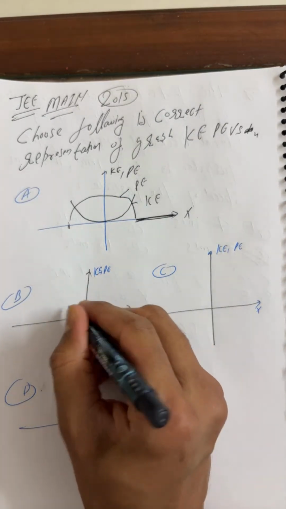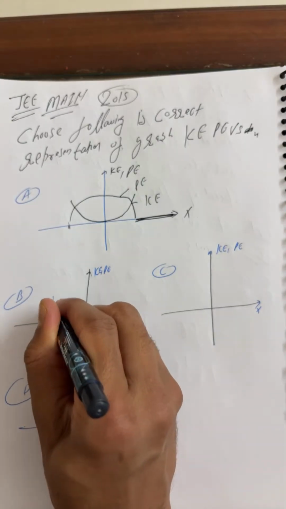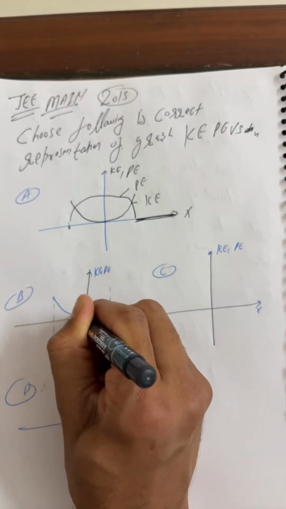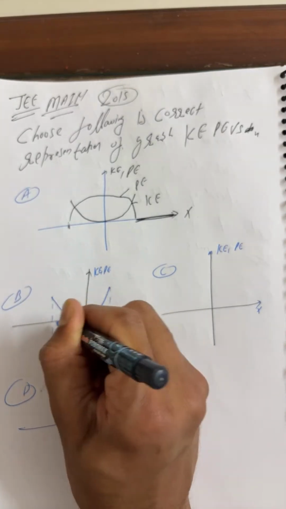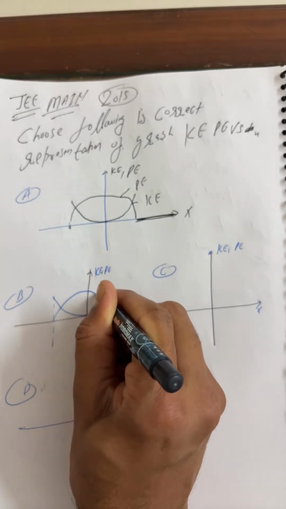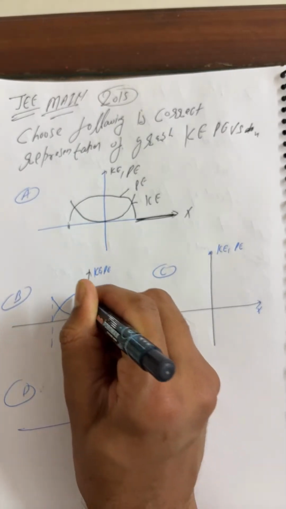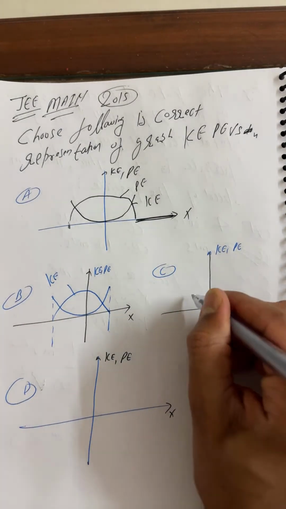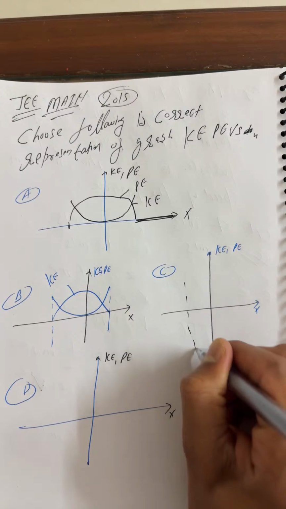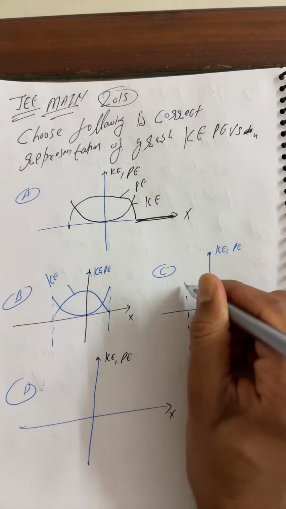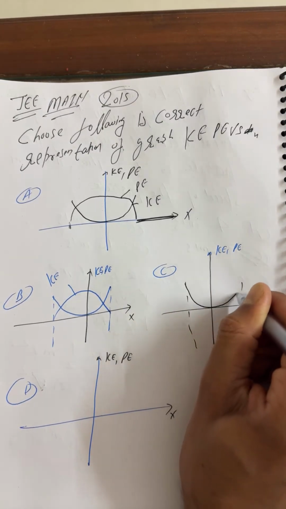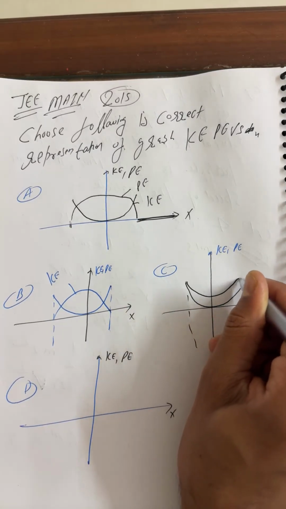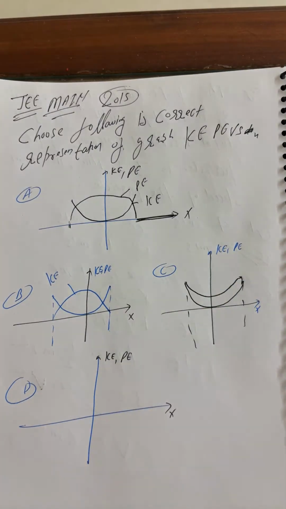Next, I can say option B: this is U as a function of x, and this is kinetic energy as a function of x.